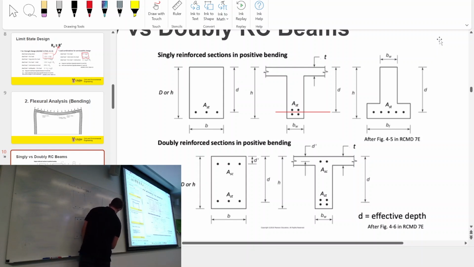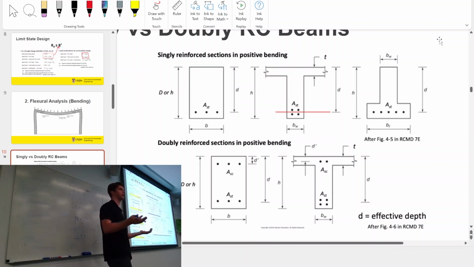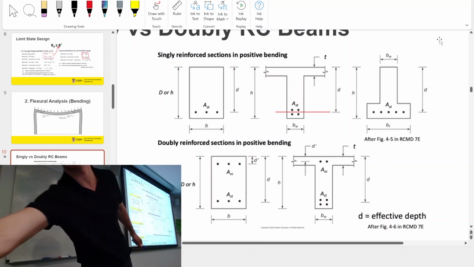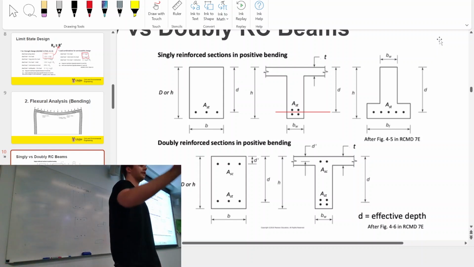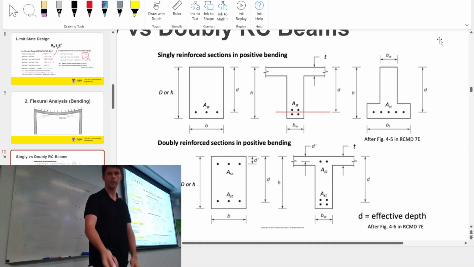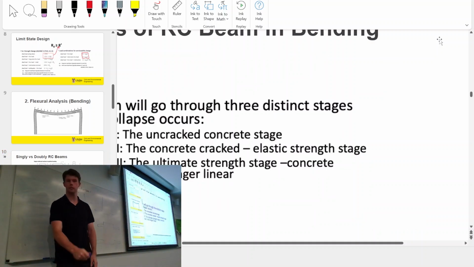Because in the exam, when you do your flexural analysis, your shear analysis, you'll just be going through step by step. The steps for those analyses, you don't actually have to worry about these so much because they're already basically derived in the code, the Australian Standards Code, which is also here, by the way. If anyone wants to have a look afterwards, I've got a copy there. But yeah, anyway, I'll go to the next slide. Yeah, thank you.